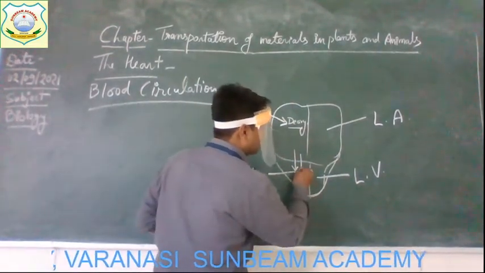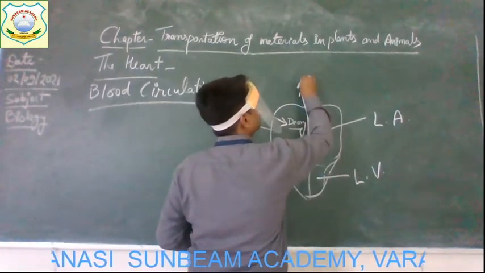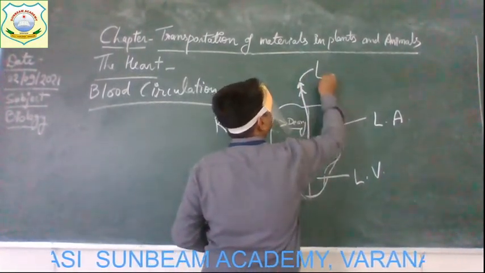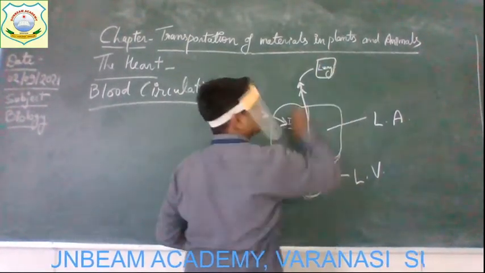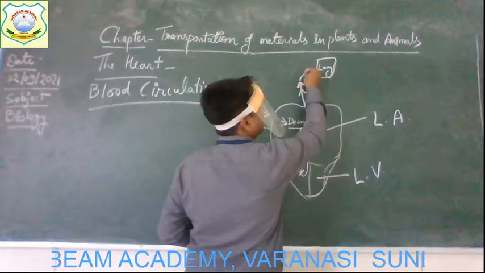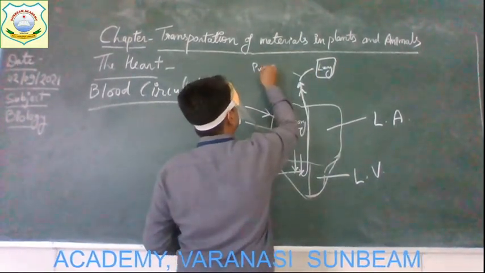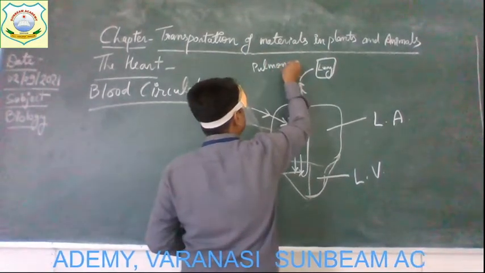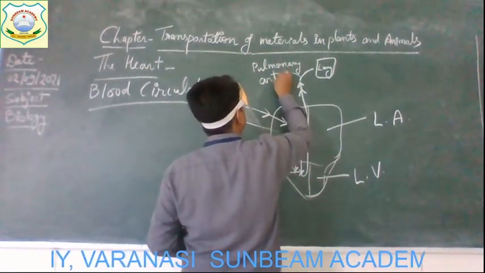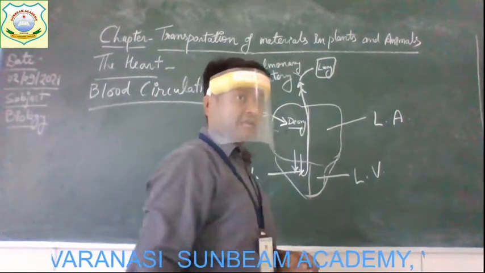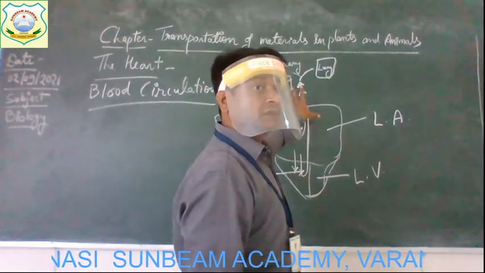From here, the blood is going to move where? To the lungs. This one is the lung. And the name of this artery through which the blood is going is, through which artery is the blood going to move? Pulmonary artery.